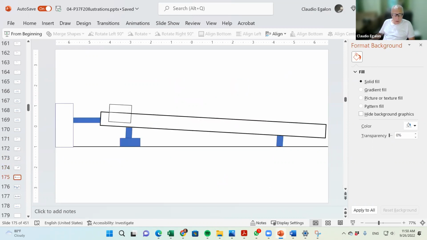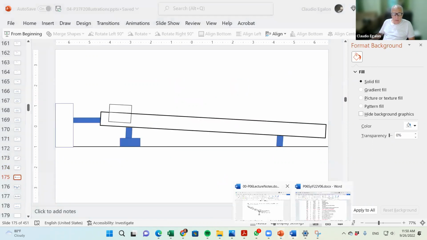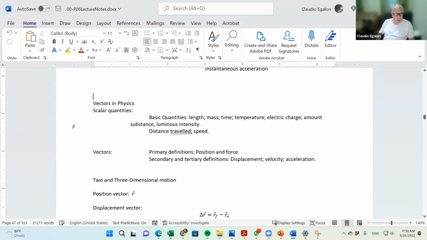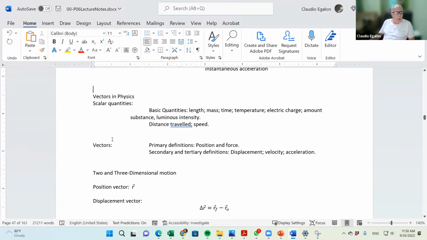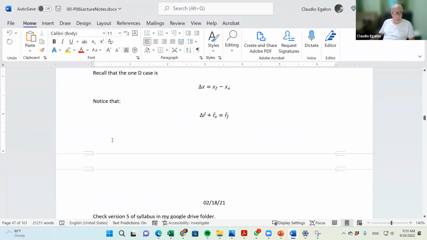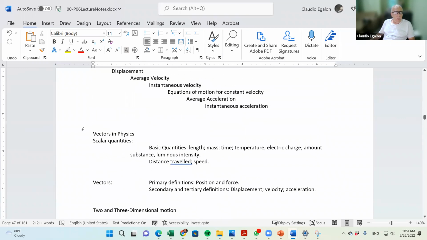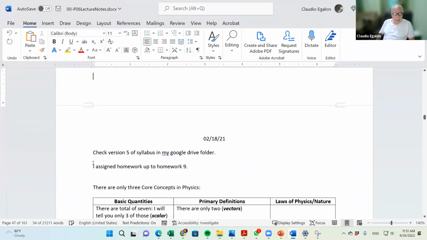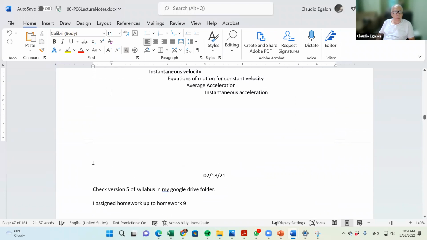What else can we talk about? Okay, so I can erase this part here. What we're going to see next is types of motion in 2 dimensions.